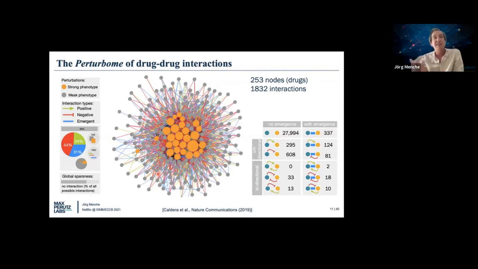This means that in the vast majority of cases, two drugs actually do exactly what you would expect them to be doing from their individual effects. And even in these rare cases where they do interact with each other, in the majority of those cases, they only interact in one direction. So they rarely engage in crosstalk, but it's almost always one drug modulating the effect of the second.